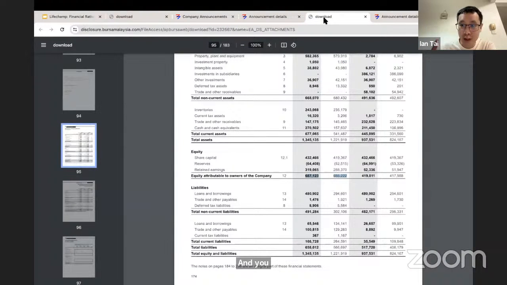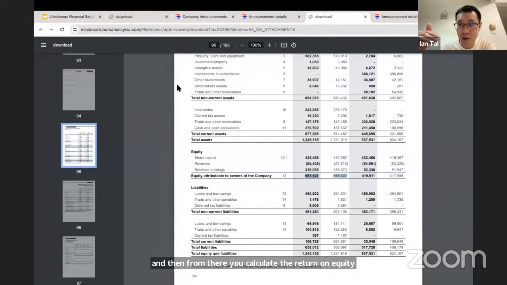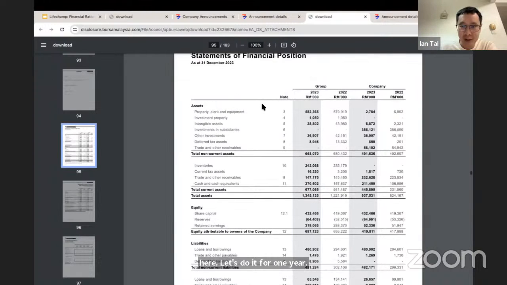And then from there, you calculate the return on equity. And then you do it for 10 years. Now over here, let's do it for 1 year, and then you do the remaining 9 years.